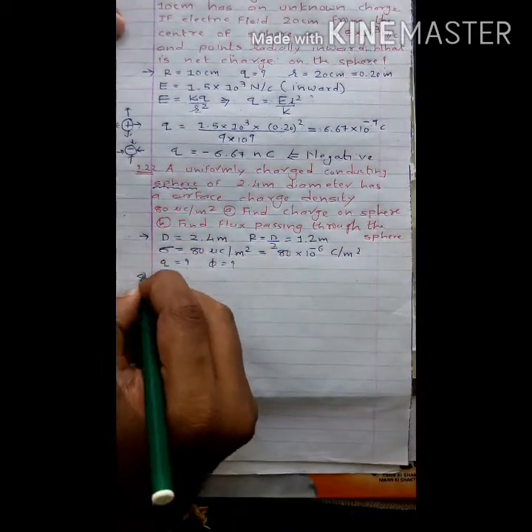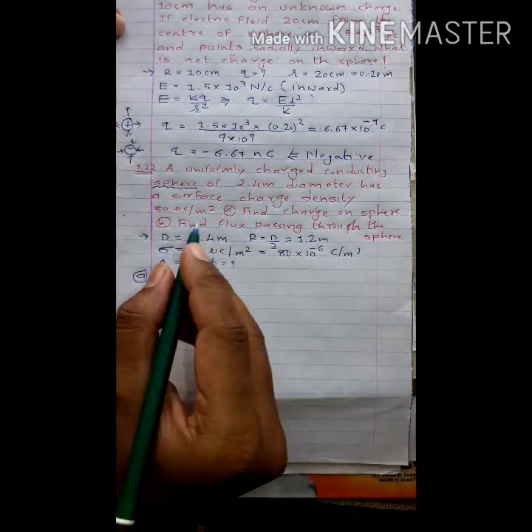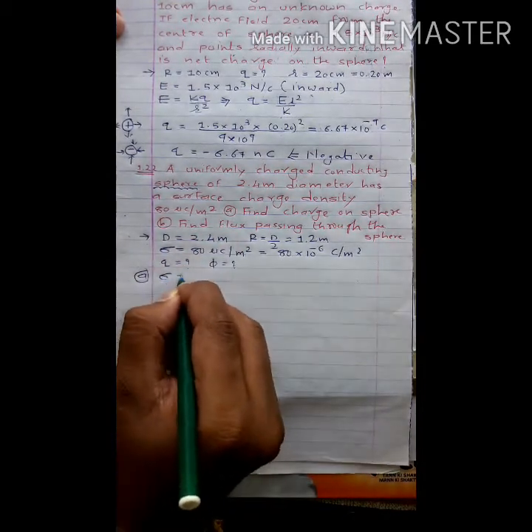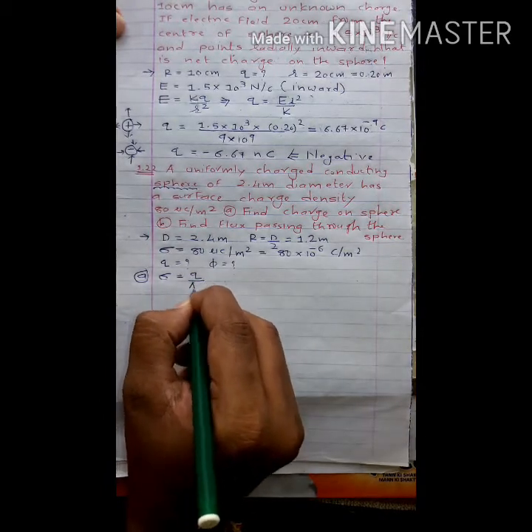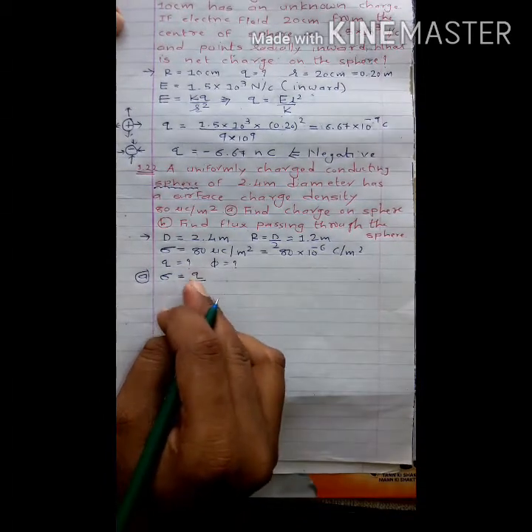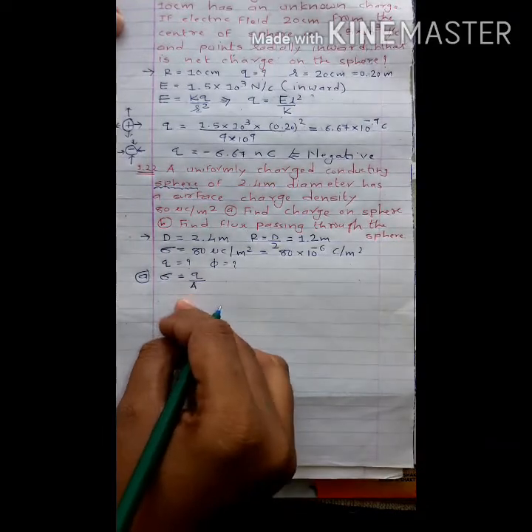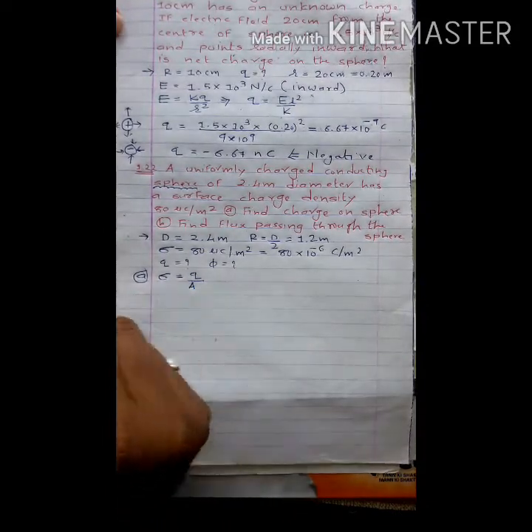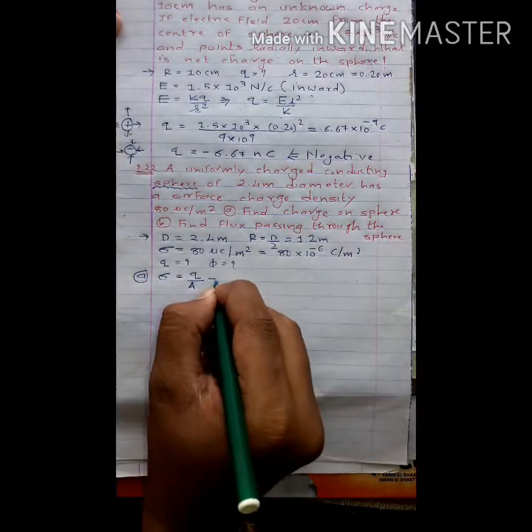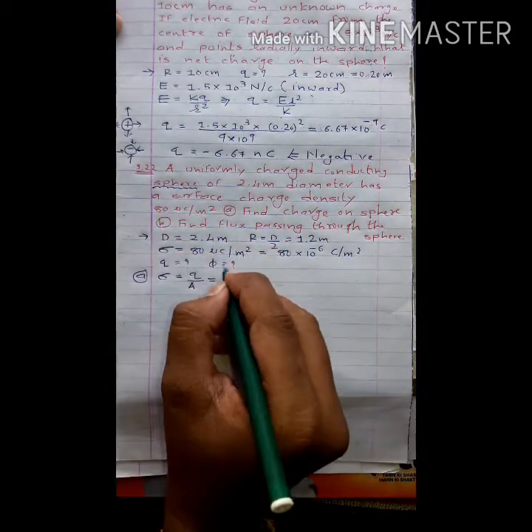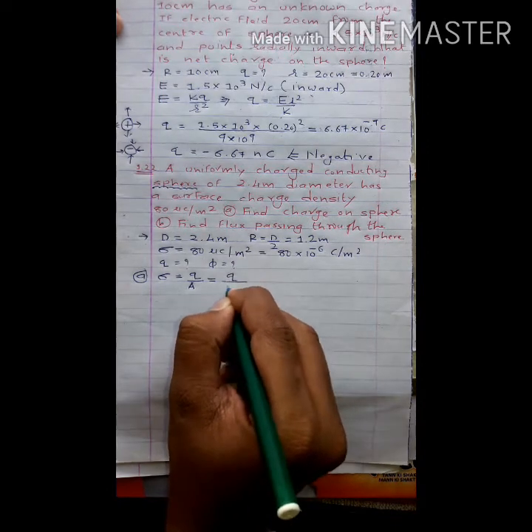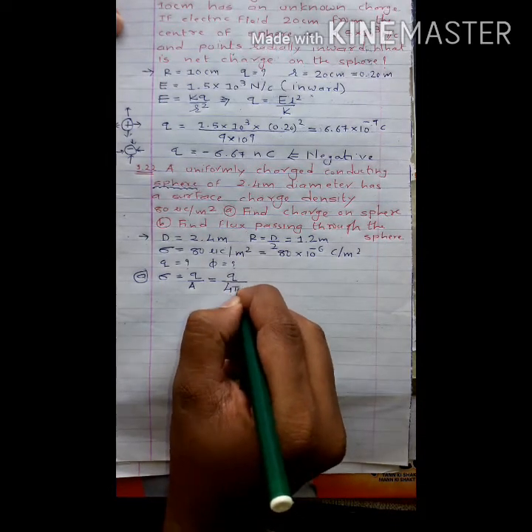Here we will use the equation of sigma, surface charge density. According to the equation, sigma is equal to Q upon A. Charge per unit surface area is known as surface charge density sigma. Here we have the value of radius, so the area of a sphere is 4 pi r square.